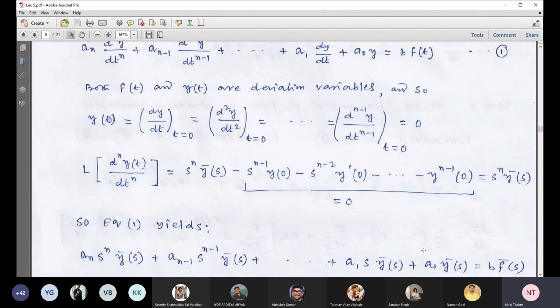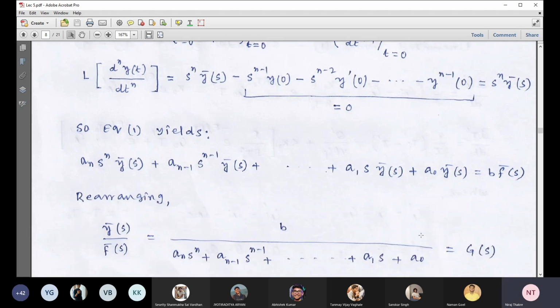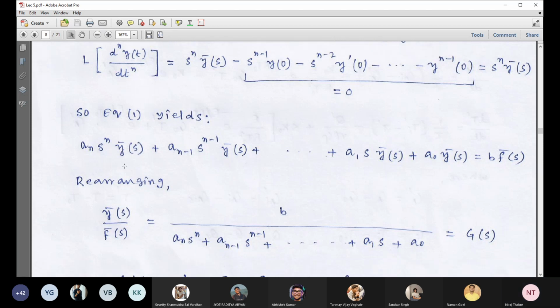Fine. Now you want to write the transfer function. What is the transfer function? Transfer function we denote by capital G, that is y bar s by f bar s. Now if we rearrange the last equation, we get this form of transfer function.